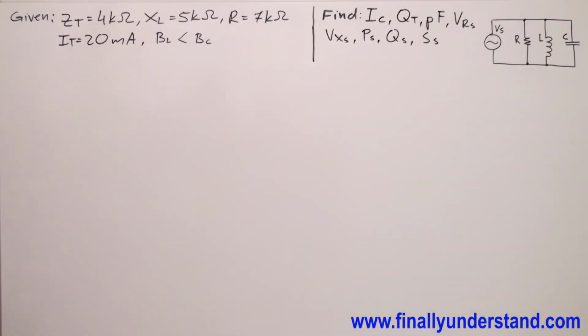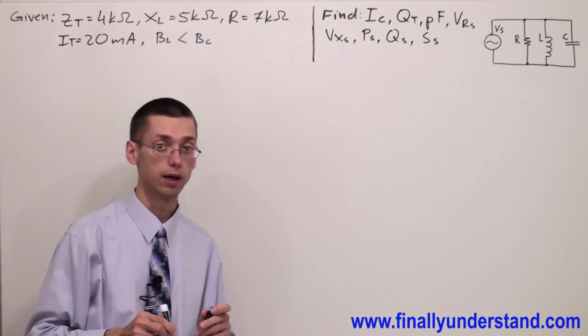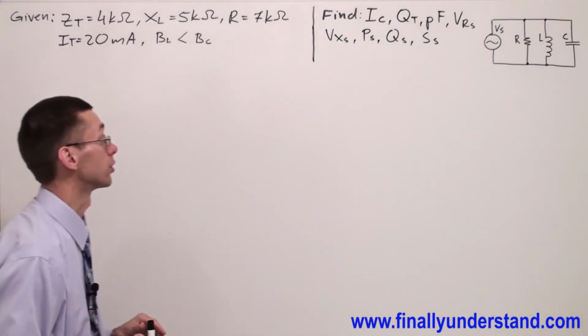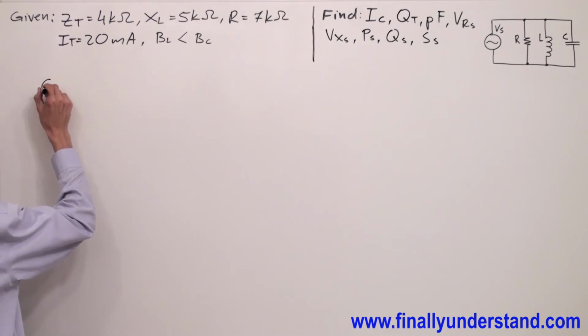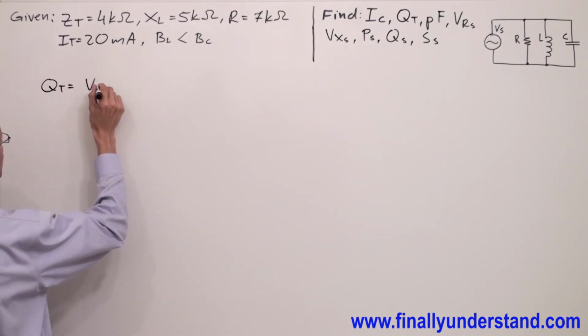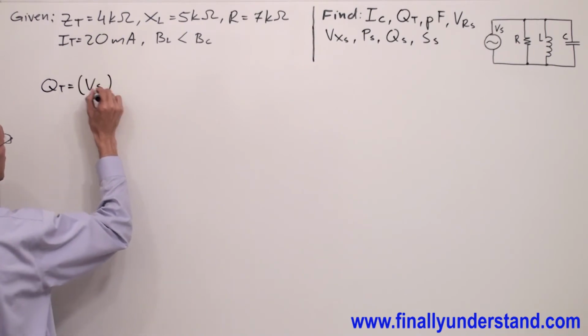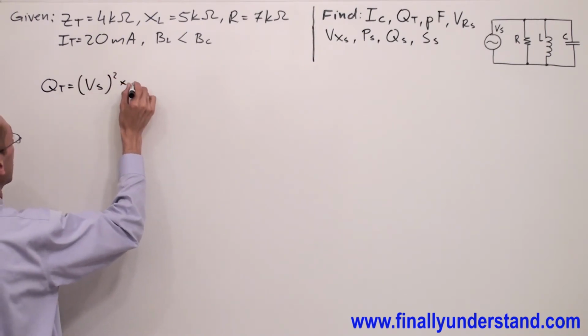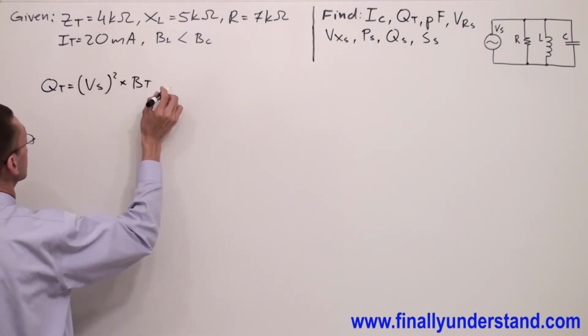Now we are ready to find the total reactive power in our parallel circuit. So I have Q total is equal to voltage source raised to the second power times B total.